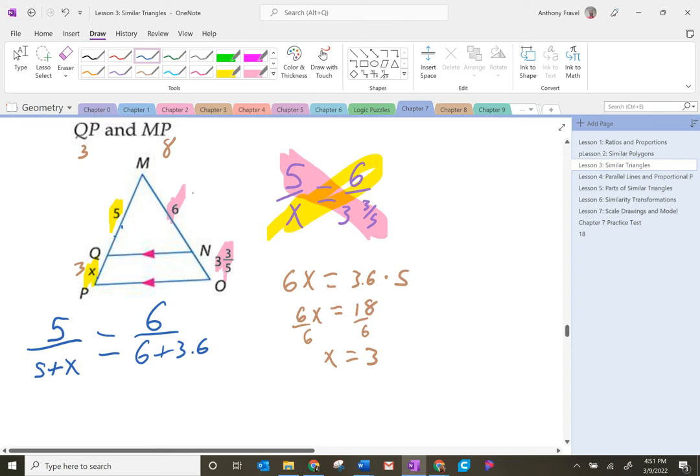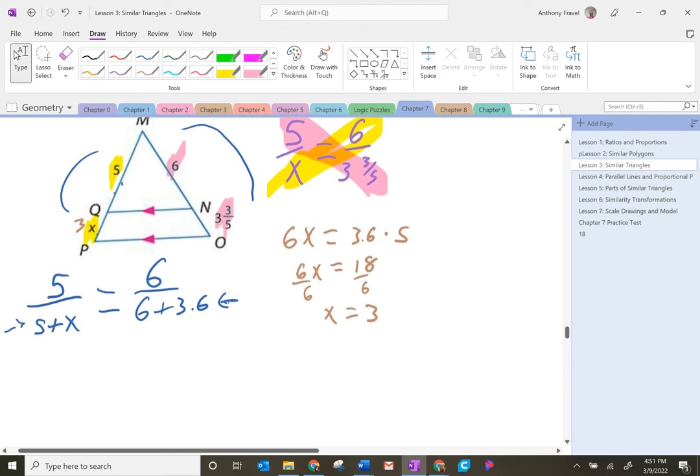Again, I just took this whole entire section, and that's where that bottom number came from. Okay. So before I go through and start to solve this, I'm just going to simplify some things down. I've got 5 over 5 plus x equals 6 over 9.6.